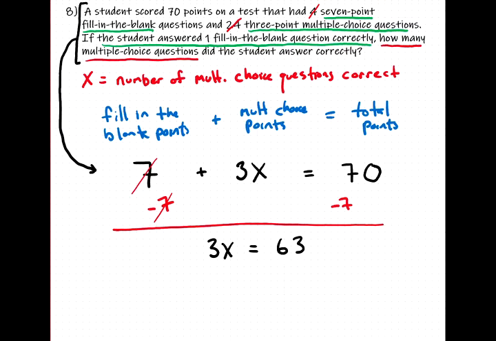Okay, we're trying to solve for x. Right now we have 3 times x. The opposite of times 3 is divide by 3. So divide both sides by 3. On the left, the times 3, the divide by 3, they cancel, leaving us with x by itself. And on the right-hand side, we have 63 divided by 3 is 21.